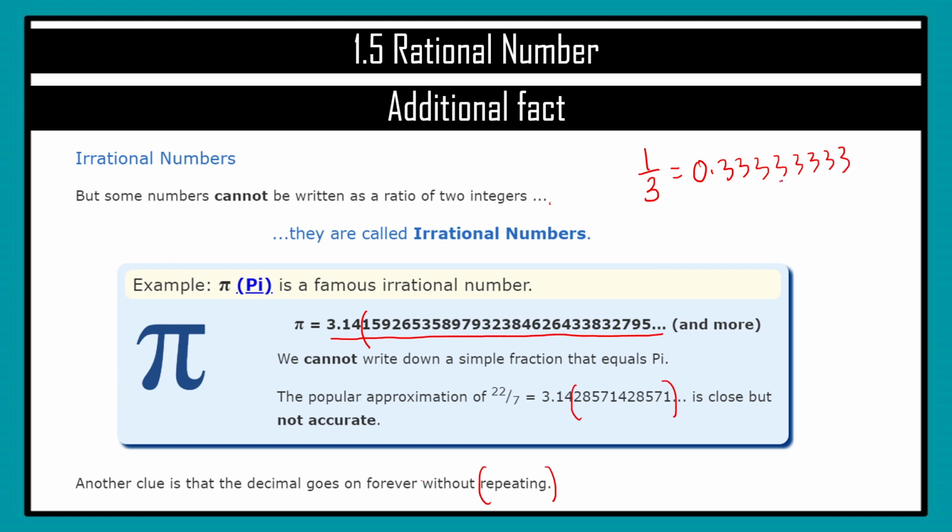The 3 repeats itself throughout the decimal, so we call this a rational number, as I can write it as 1/3. But in pi, because the digits do not repeat, it is an irrational number. Those are the clues, and that is the difference between rational and irrational numbers.